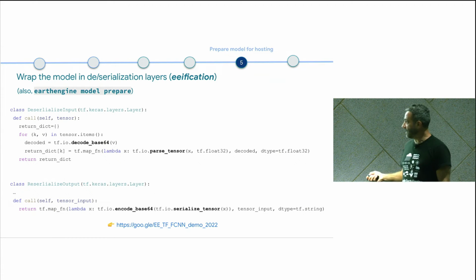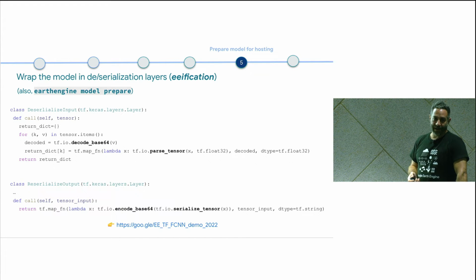So this stuff, you'll actually find this in the open source of the Earth Engine Python client. So you can look that up on GitHub. You can see the source for Earth Engine Model Prepare. That's basically what this stuff is doing here. But it's doing it the new way, the TensorFlow 2.x way using Keras.